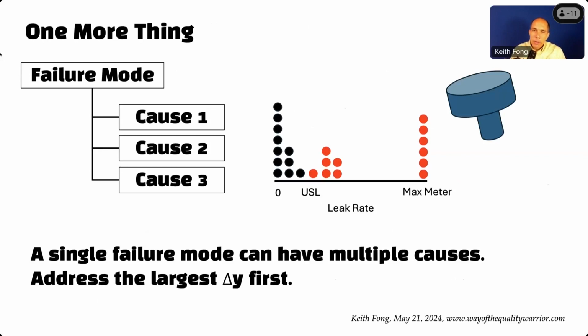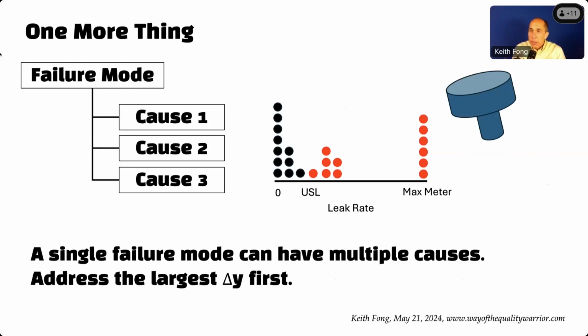Like in this particular graph, we had the ones that were at the maximum. We dealt with that problem first, and once we had that dealt with, we could see that there was still a problem. It was still a leak, but it turned out that it was an issue with the O-ring groove on the part, and that was driving the leak a little bit out of limits.